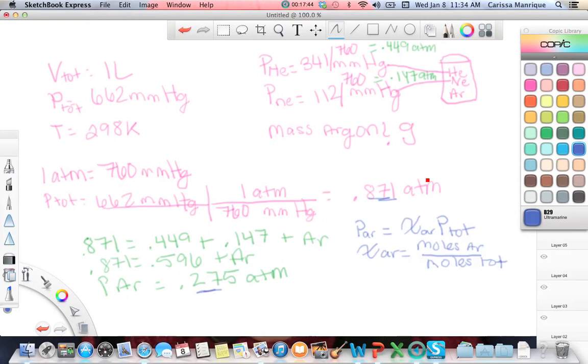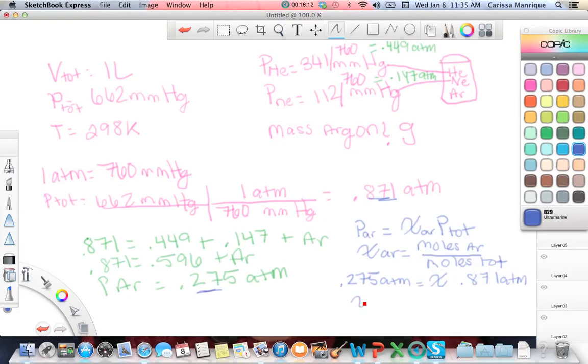I know my pressure of argon is 0.275 atmospheres. I don't know my mole fraction, so I'm just going to put the mole fraction. And my P total is 0.871. If I divide these two numbers together, and that's in atmospheres, I'll get my mole fraction.